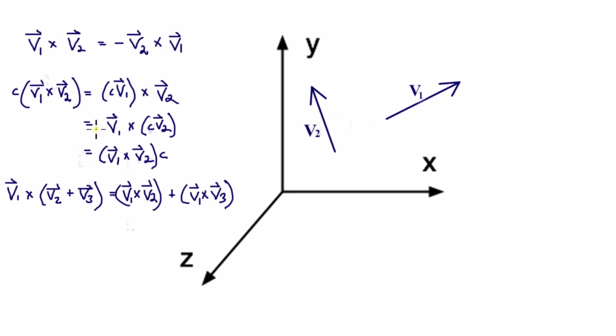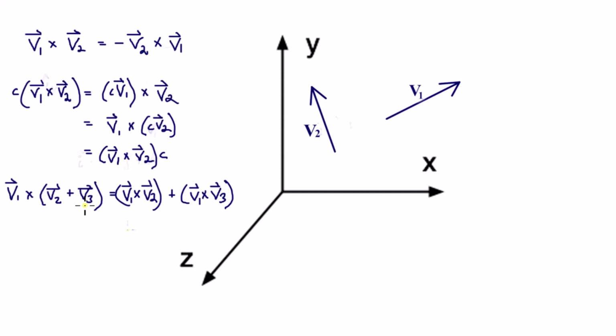Now, comparing this to regular multiplication, here's our first inconsistency. V1 cross V2 is equal to minus V2 cross V1. We don't see that with regular multiplication. This is the first difference. What about this? This is just like regular multiplication. And this is just like regular multiplication.